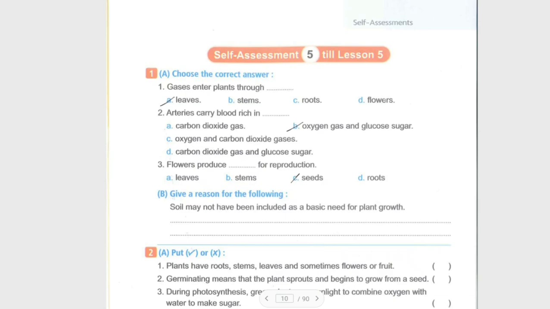Letter B, give a reason for the following. Soil may not have been included as a basic need for plant growth.